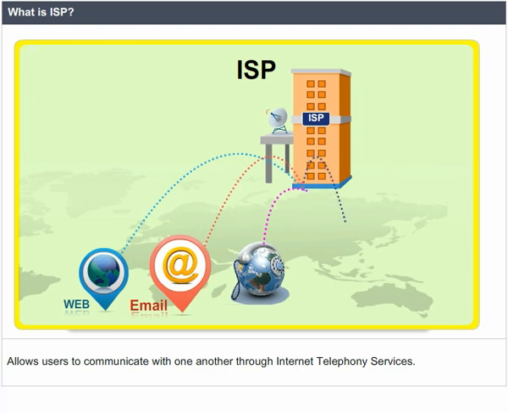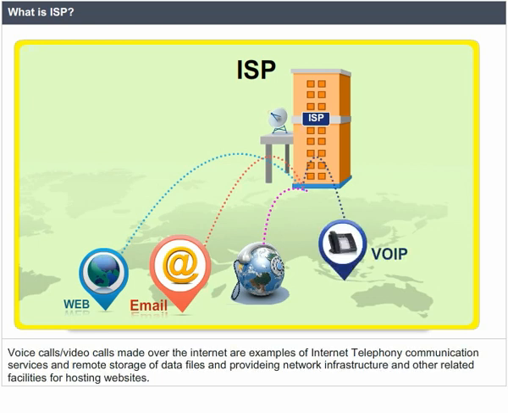Voice calls and video calls made over the Internet are examples of Internet telephony communication services. Remote storage of data files, and providing network infrastructure and other related facilities for hosting websites.